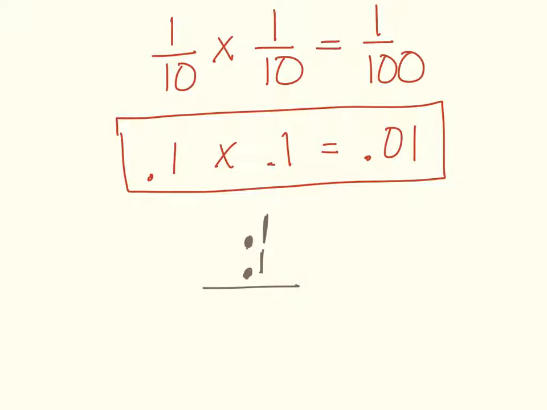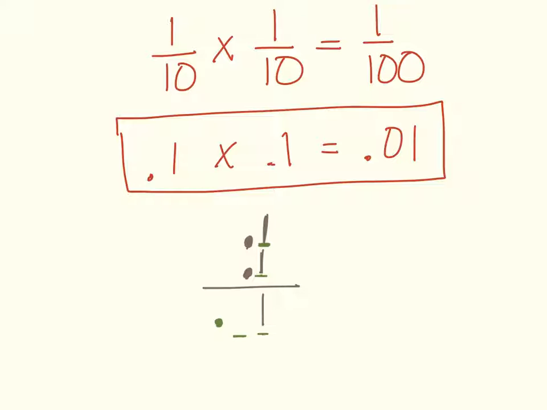1 times 1 is 1. Now, when we add and subtract decimals, you line them up. When we multiply decimals, you count them up. So, I would say here's one decimal place, and here's another decimal place, that's 2. So down here, I have to have 2 decimal places.